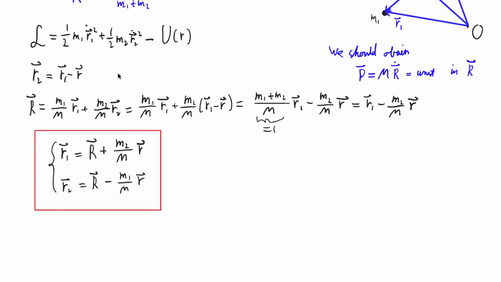This we can then just plug into the expression for the kinetic energy. Potential then is all written in terms of little r, so we don't have to do anything to that.